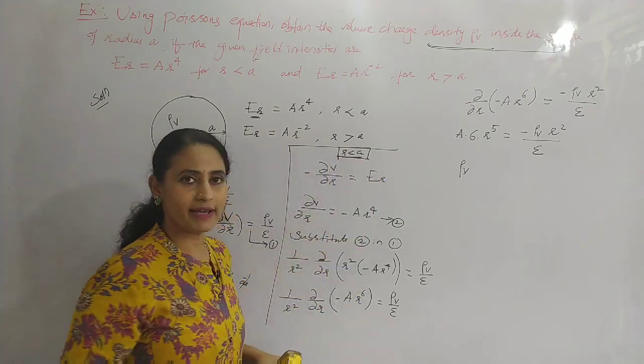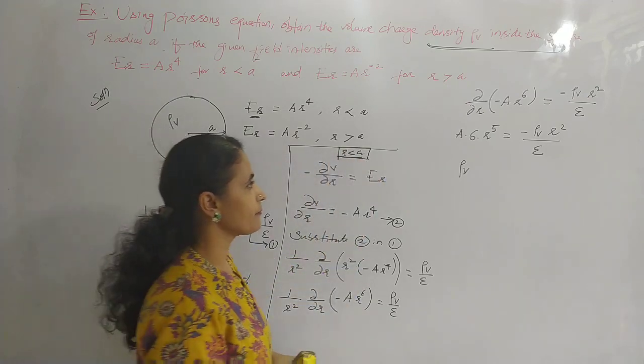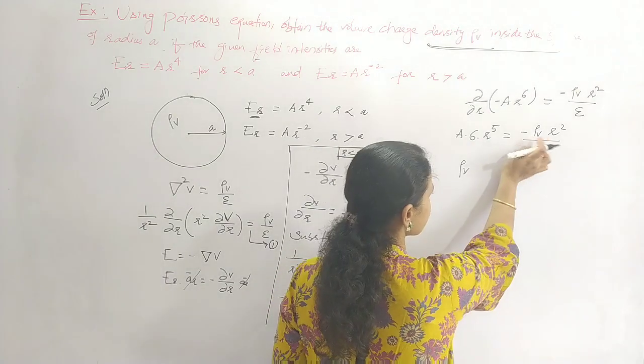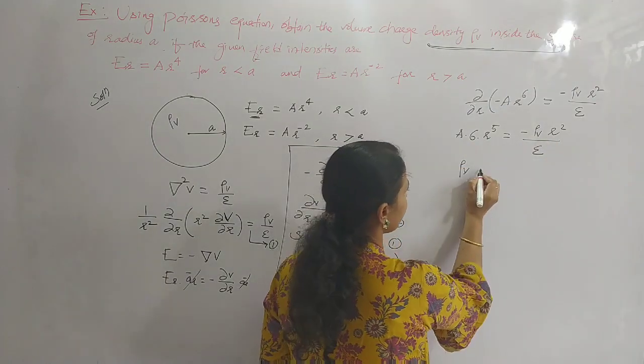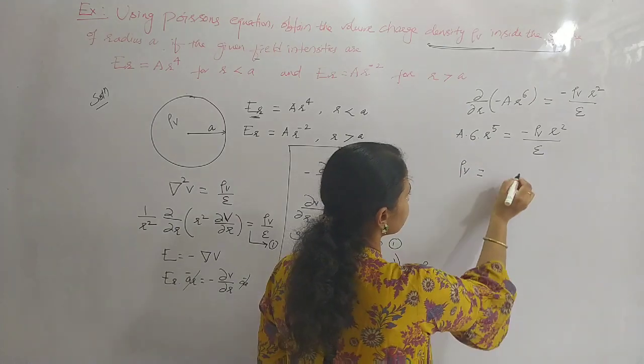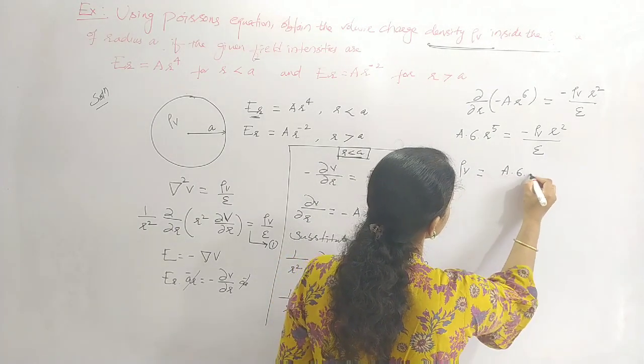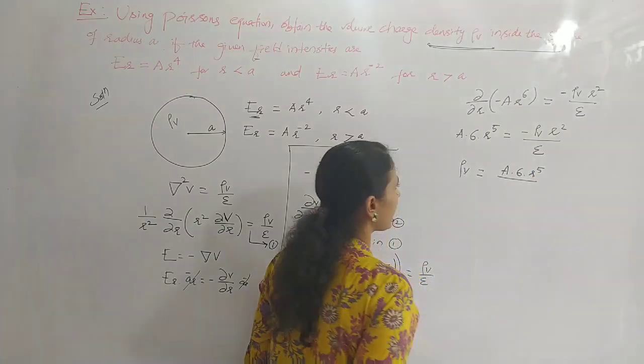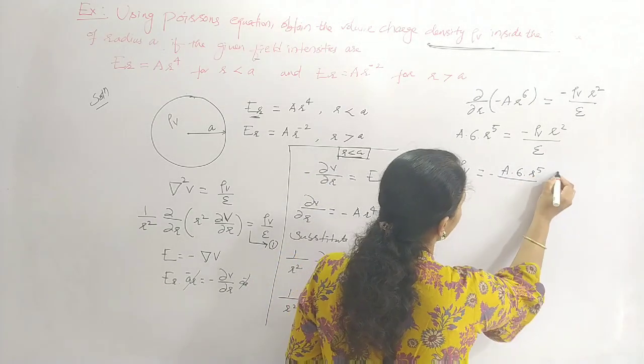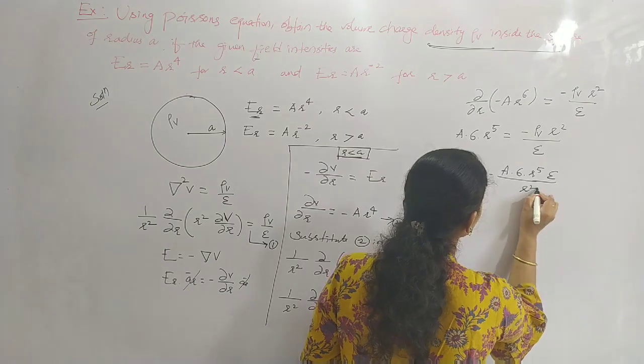First case, where r is less than A: rho V we keep as it is, and taking all these terms to this side, it is given by A 6 r to the power 5 by epsilon by r square.